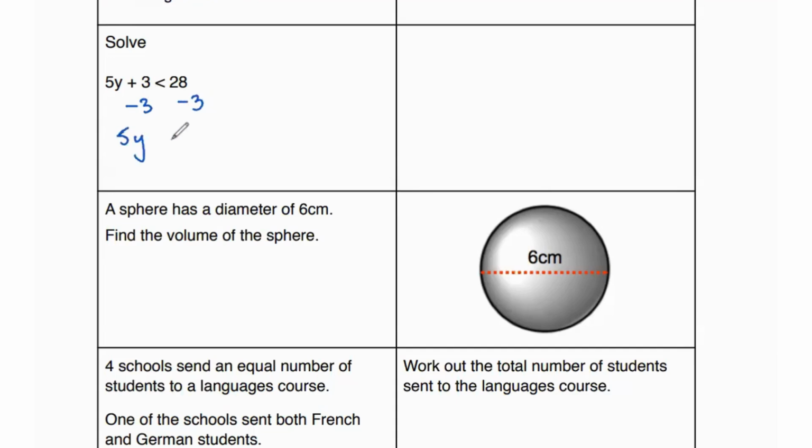That gives us 5y is less than 28 minus 3, which is 25. Then we divide both sides by 5 to completely isolate y, because we're trying to find the value of y, not the value of 5y. So y is less than 5, and that is your answer.